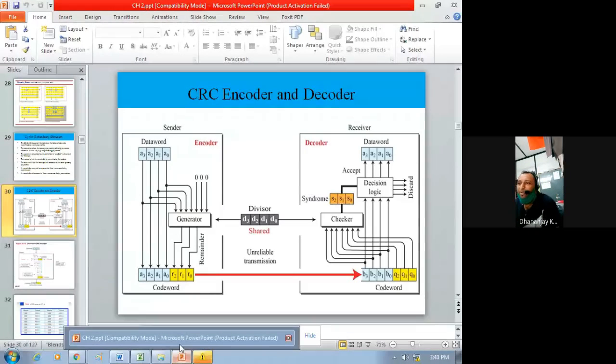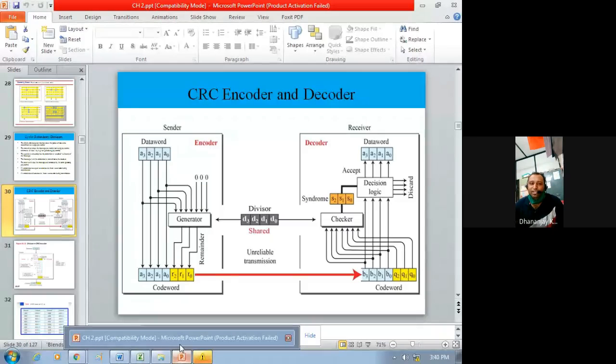Then the next parity check that we have seen was the two-dimensional parity check. So in that, what was the problem? Only three errors can be detected, not more than three. So if 1 bit got changed, 2 bits got changed, 3 bits got changed, those many bits it can detect easily, but other than that, it could not detect. So the highest number of bit errors it could detect was 3.